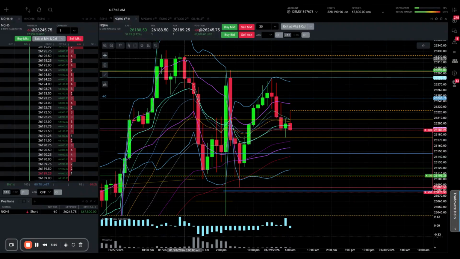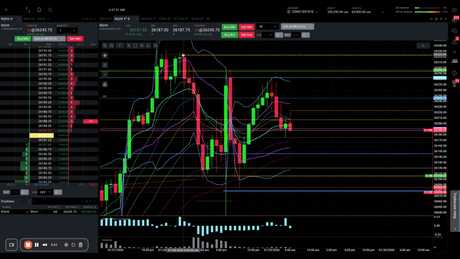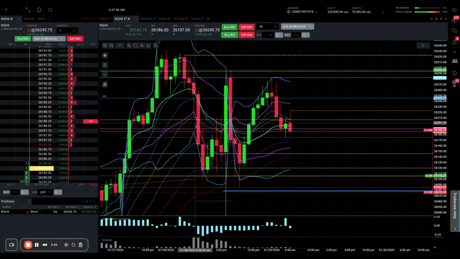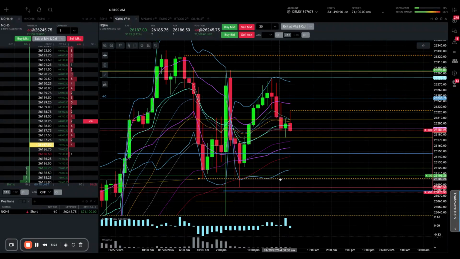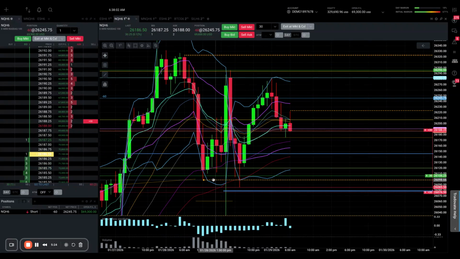I'll put the end of that line right there so we know that's a 6 o'clock candle from yesterday. Then I believe this was the 10 o'clock right here, so we can put that right there so we know yesterday, January 28th, 2026, this was the 10 o'clock candle.